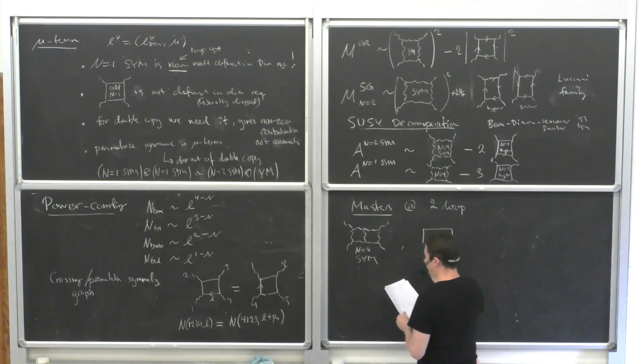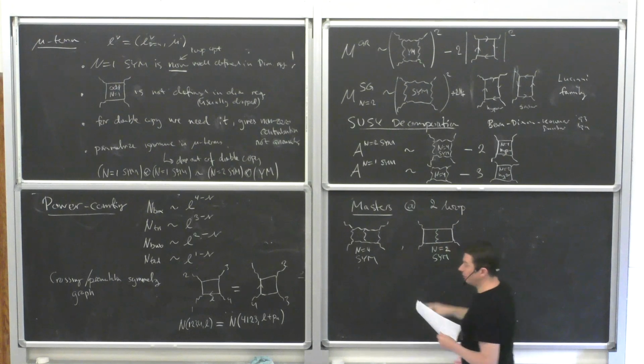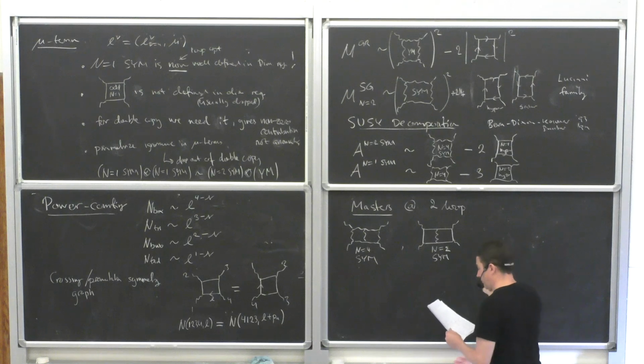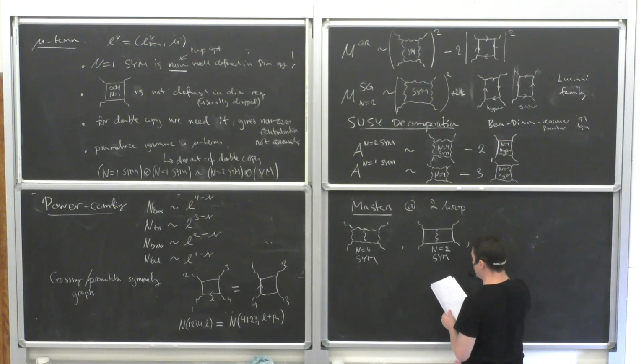Then I have N=2. So this is N=2 super Yang-Mills. But now I put a hyper in the outer loop. And then I put a vector multiplet here and also externally. I'm only going to consider external vector multiplet. I already said that, but let me repeat it.